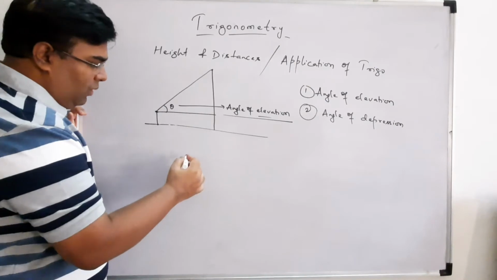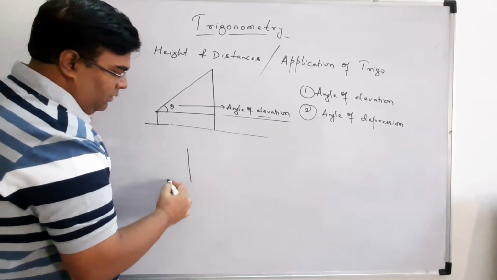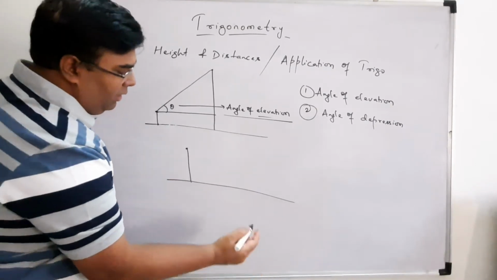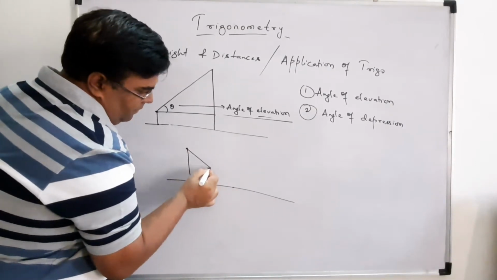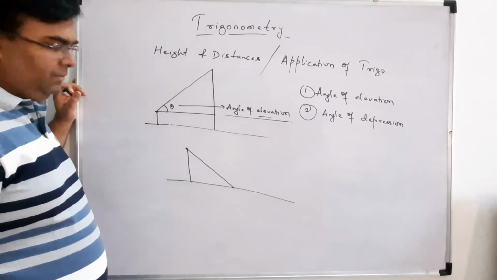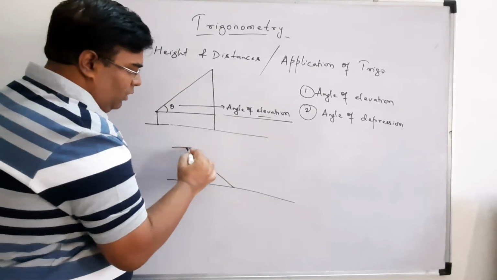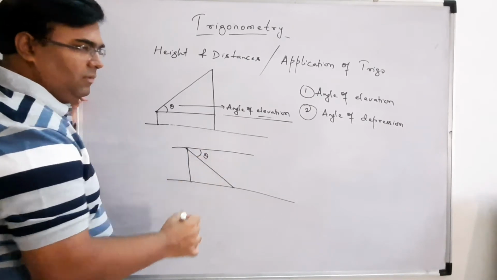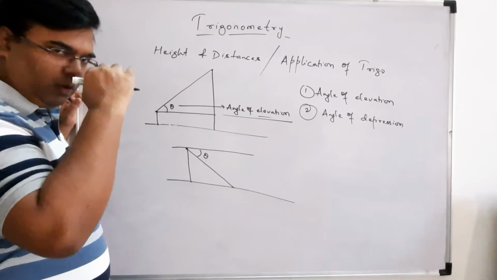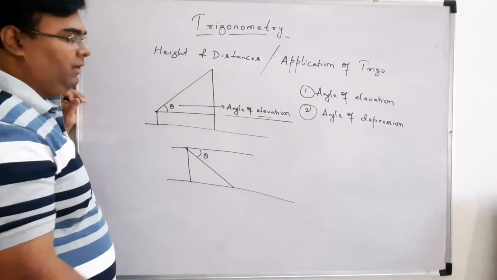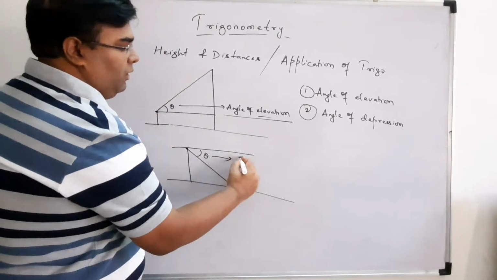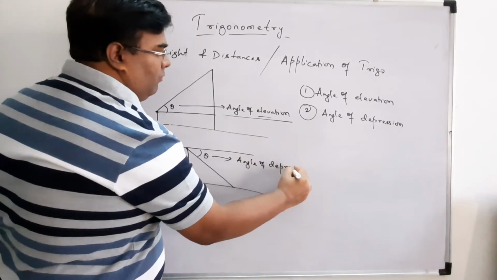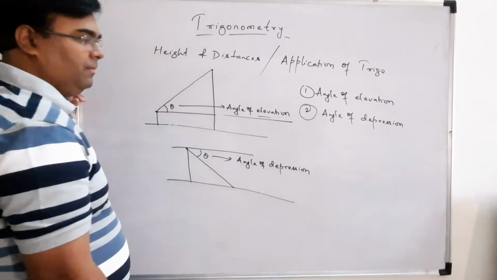Similarly, suppose you are sitting on a tree or some building and you are looking at the ground. Now again your eye level is this. The angle while looking down, because you do a down movement, is known as my angle of depression.